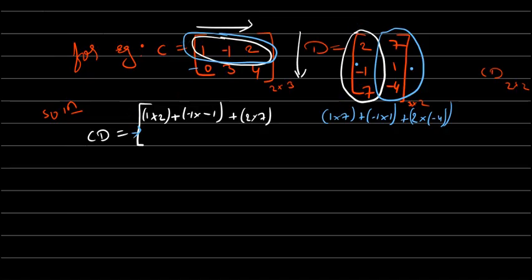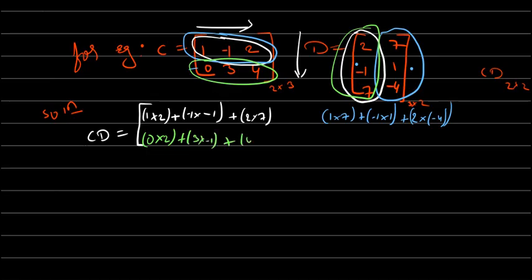We will start with this one, second row, with this first column. Okay, 0 into 2 plus 3 into minus 1 plus 4 into 7.